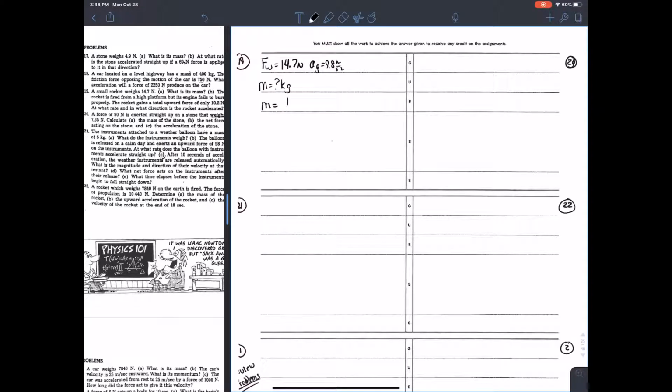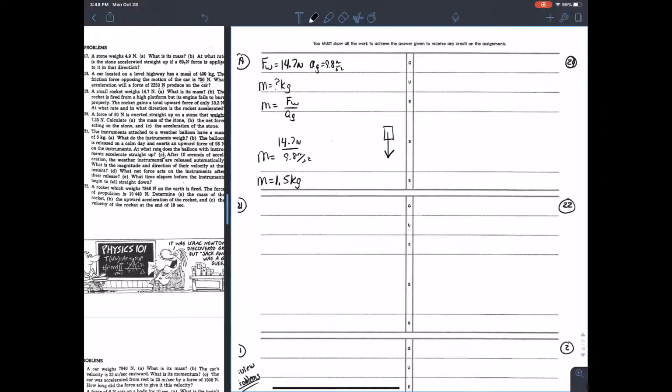So mass equals weight divided by gravity. So the mass of this rocket, after I put my numbers in, it's going to give me a mass of 1.5 kilograms.